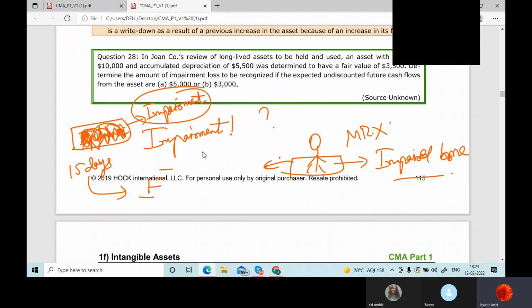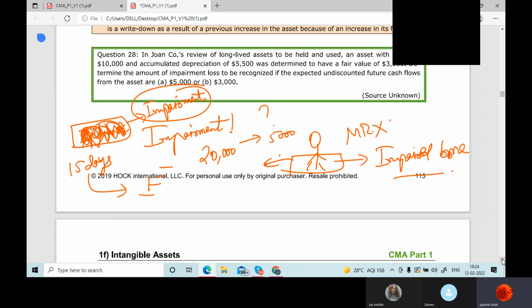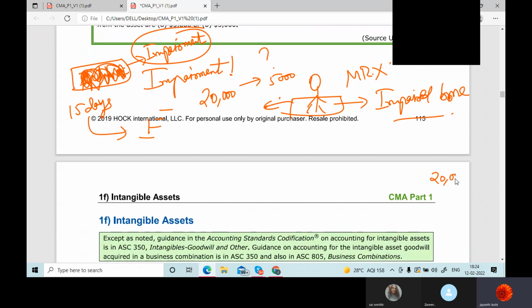Now, this phone you bought for 20,000, let's say, and you went to the market, and now you want to sell it. The buyers, to whomever you are ready to sell this phone, are offering you 5,000. So the phone which you bought for 20,000, you are forced to sell at 5,000.